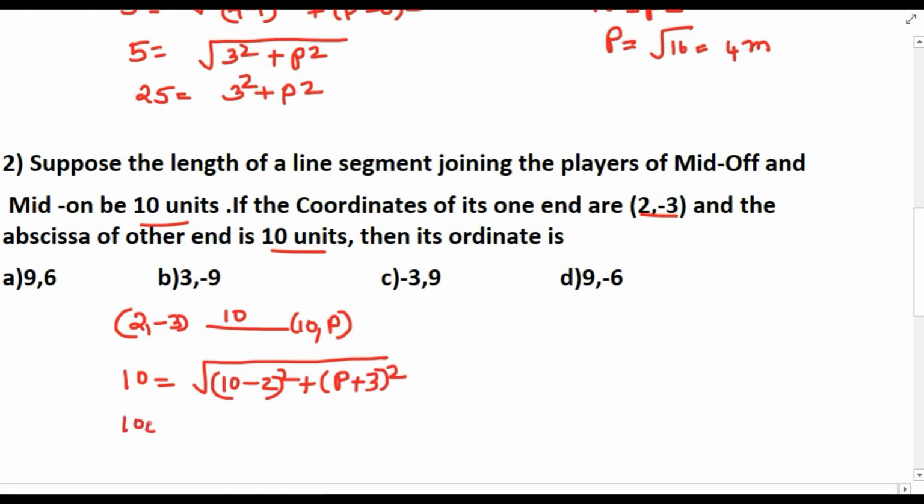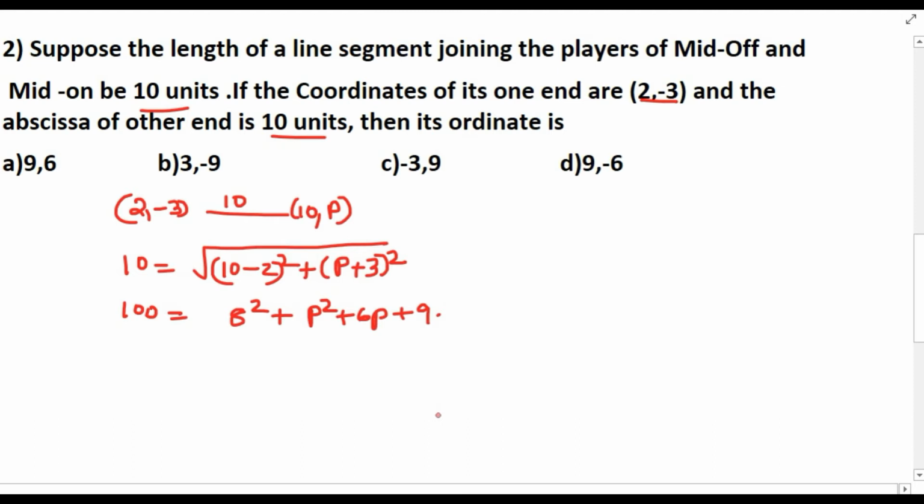So 100 is equal to, when you remove the square root, 8 square plus (p plus 3) square, which is p square plus 6p plus 9, because (p plus 3) is in the form (a plus b) the whole square, and it is a square plus 2ab plus b square. So 100 is equal to 64 plus p square plus 6p plus 9.